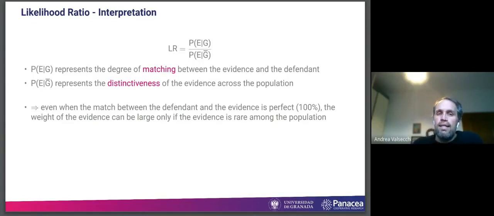So the matching between the defendant and the evidence should be good, but more importantly, the distinctiveness of the evidence should be very high. Otherwise, you will never get a big number from this formula. That's the bottom line I wanted to point out. Like in the example with the blood types, if we are dealing with a common blood type, we will never get a very high weight for this kind of evidence.